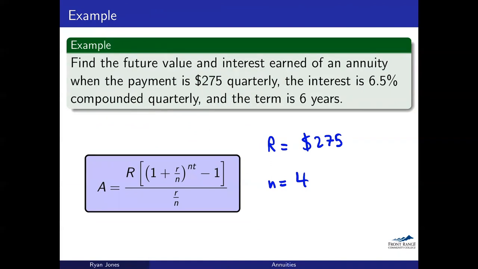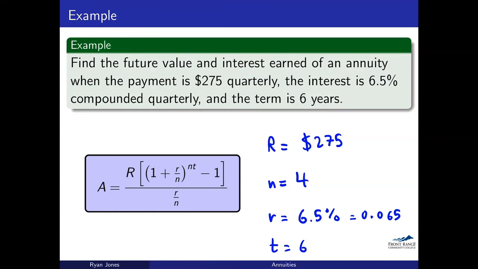So n would be 4. Lowercase r, don't get it confused with capital R, is 6.5%, which is 0.065. And then the time t is 6 for 6 years. So right there, we've got everything. We can just do a nice plug and chug into our formula.